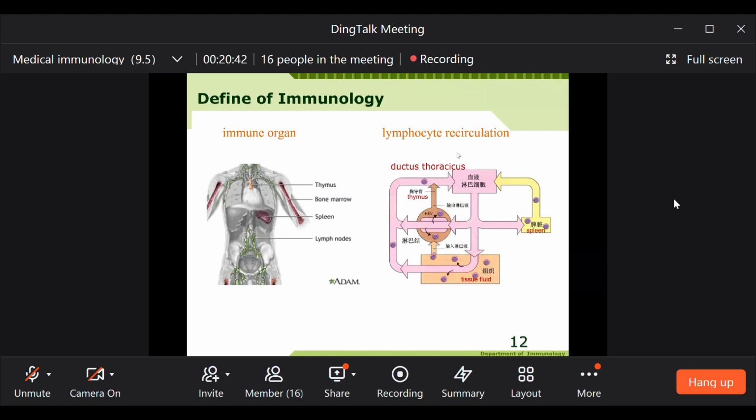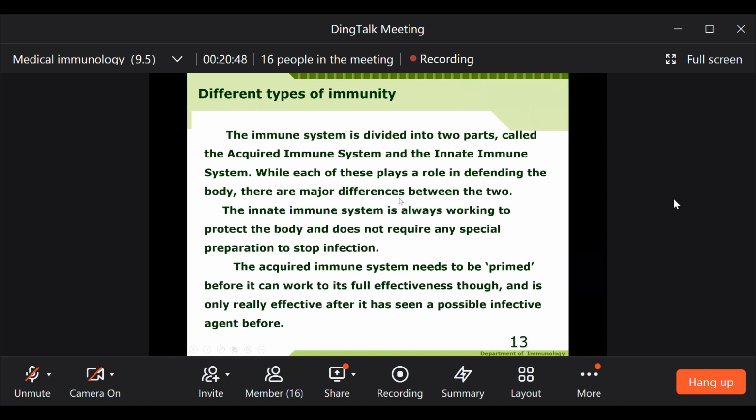The immune system is divided into two parts, called the acquired immune system and the innate immune system. Each of those plays a role in defending the body. There are major differences between the two.